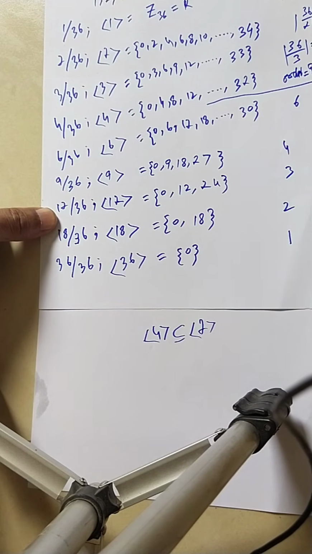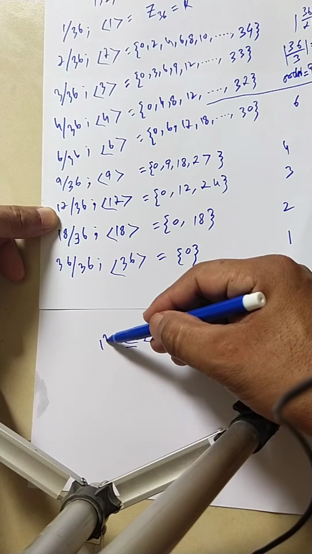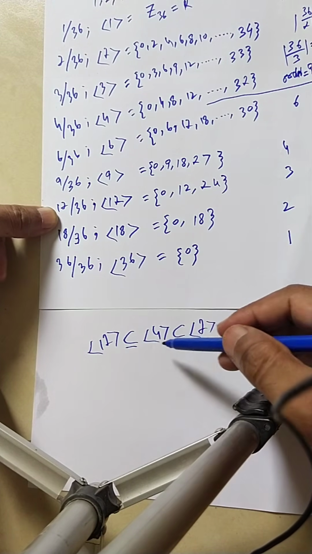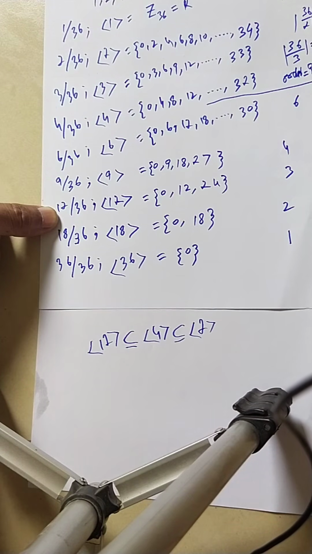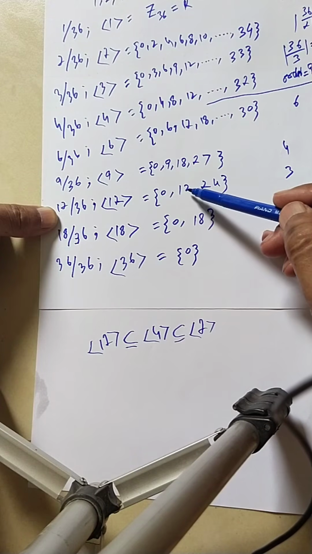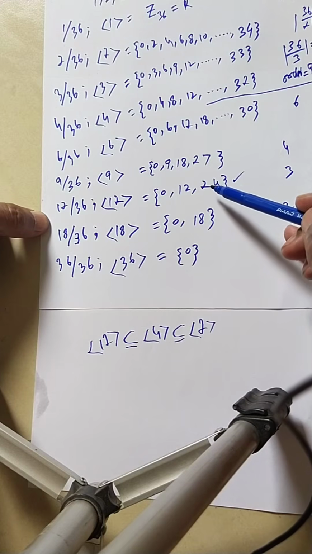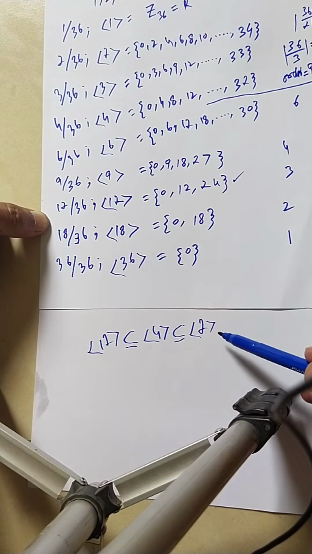Further, the ideal generated by 12 is also contained in ideal 4, and 4 is contained in ideal 2. Every element 0, 12 and 24 is also in ideal 4, and ideal 4 is in 2. We can say this is a series.